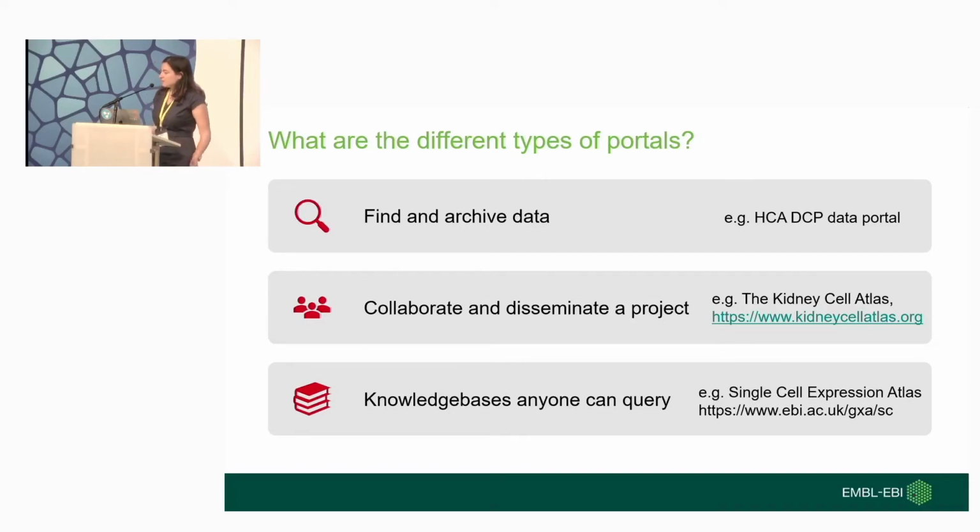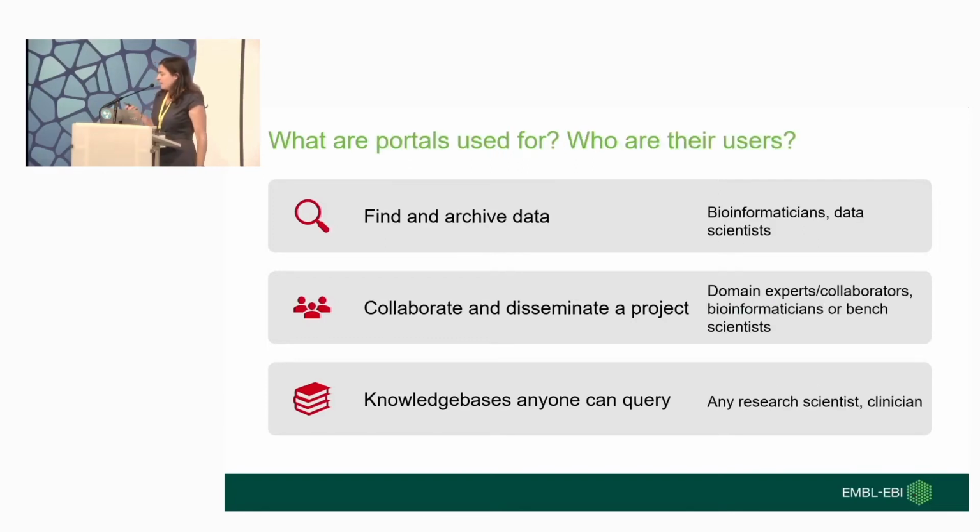For example, we have the Kidney Cell Atlas and others that are quite numerous actually, and they are supported by portals such as CELLxGENE and so on that were mentioned before. And finally, there are the portals that are actually knowledge bases that anyone can query. I give just one example here, the Single Cell Expression Atlas that we developed.